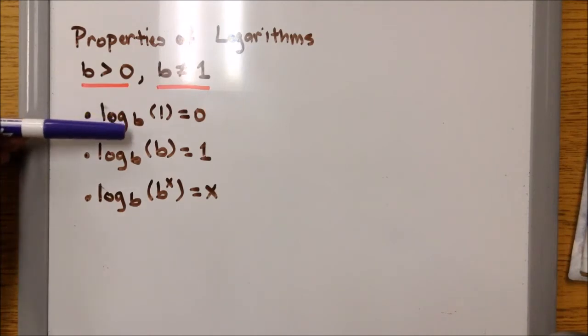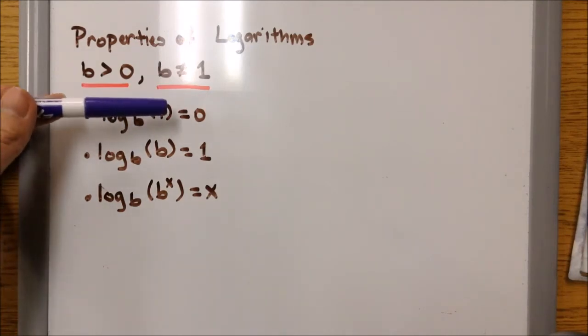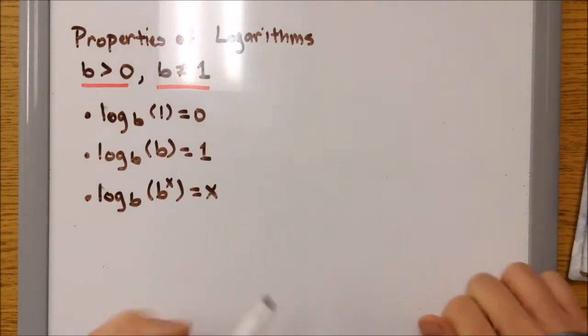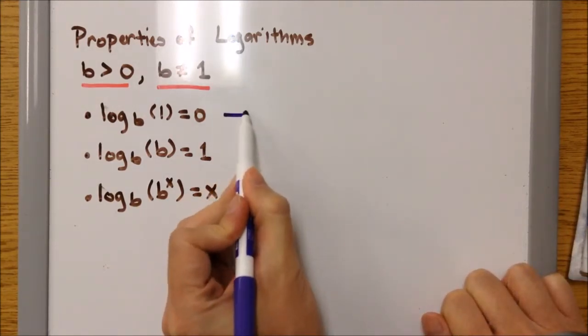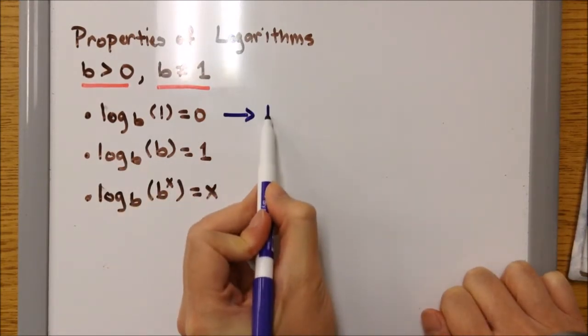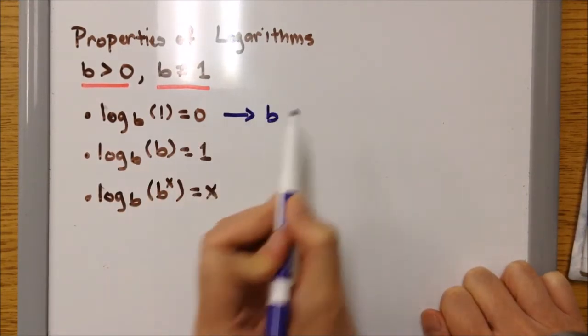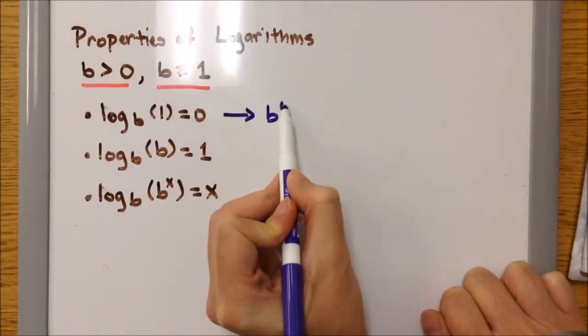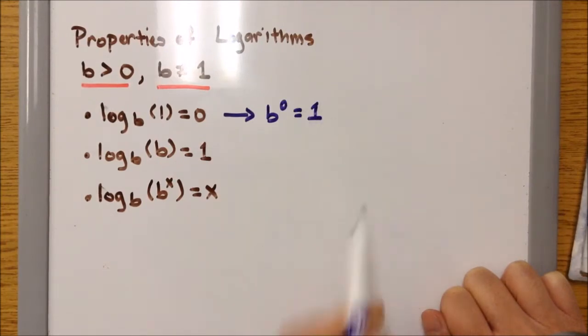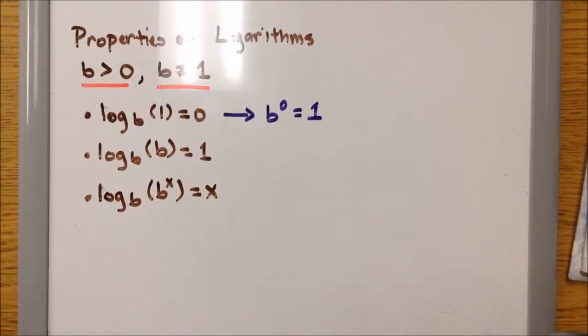Log base b of 1 equals 0. Now the reason for that is, if I were to write that in exponential form, our base is b, and then whatever the log equals, our exponent, which is 0, equals 1. Now, b can be any base.